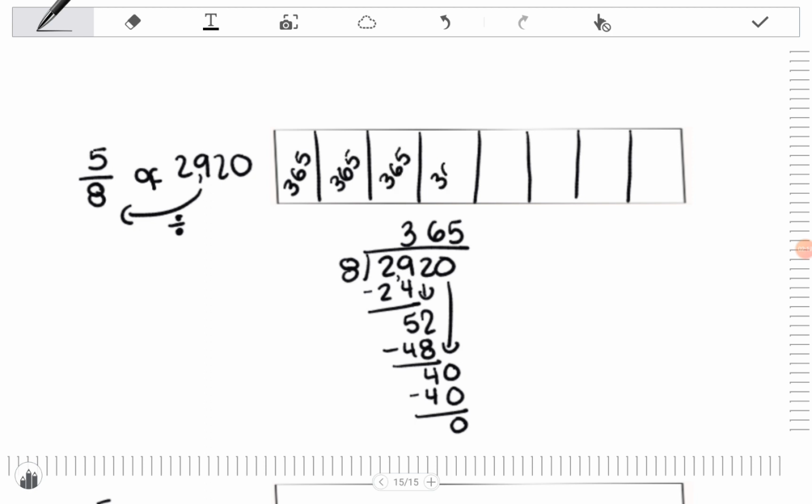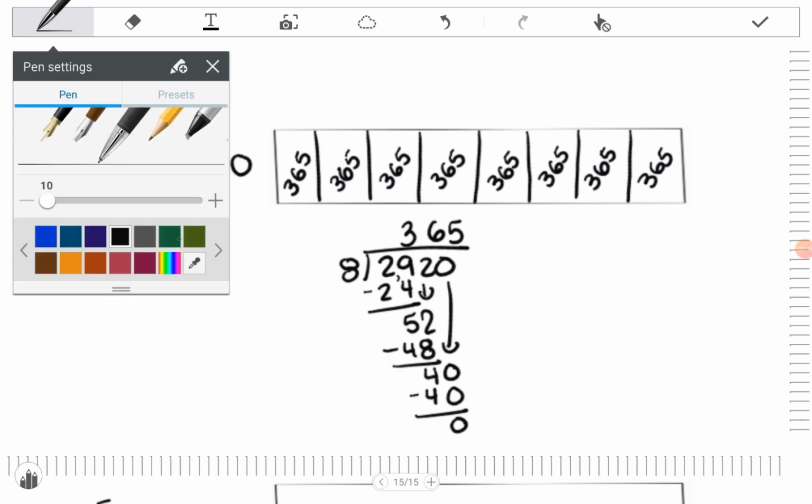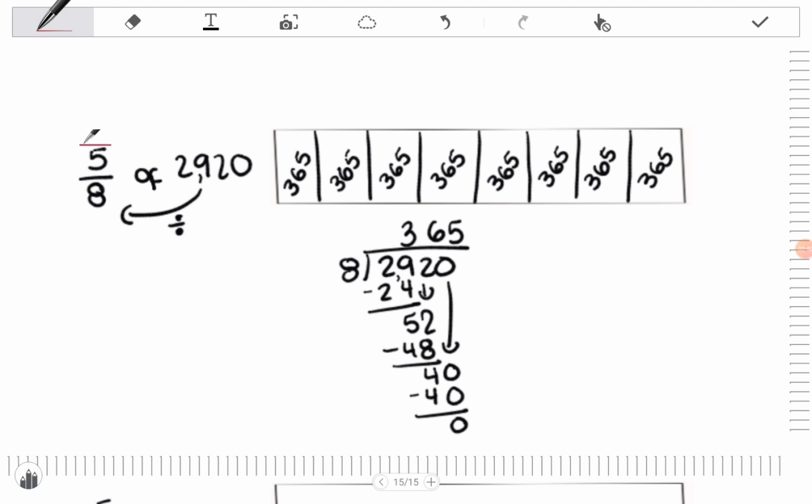Now we're going to have to look at the numerator. The numerator is the number on top of the fraction, and it tells us how many of these equal groups I'm going to take, right? So I have 8 equal groups, each one of those with 365. How many of those groups am I going to take? I'm going to take 5 groups, right?